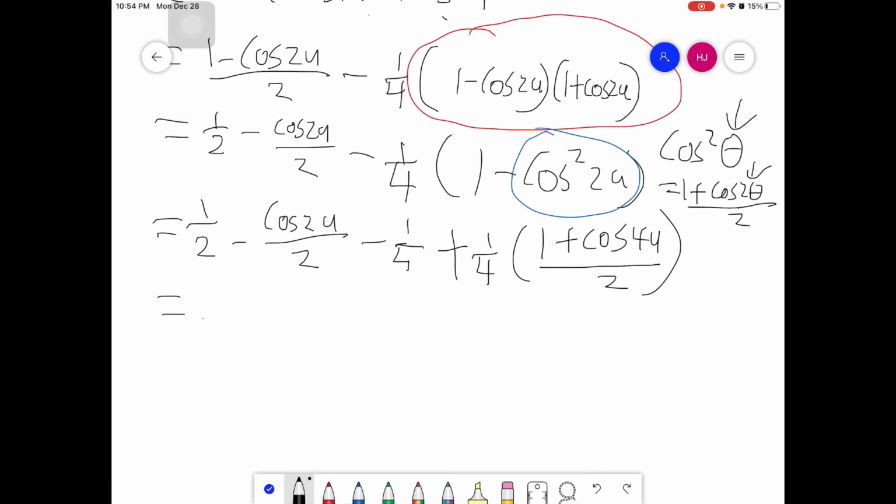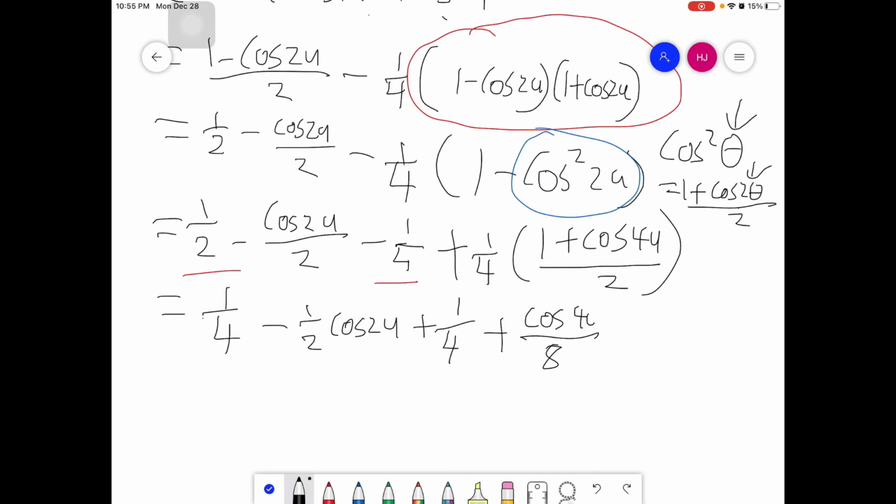And simplifying this more, we'll have 1/2 minus 1/4, 1/4 right here, minus 1/2 cosine 2u plus 1/4 plus 1/8 of cosine 4u. Wait, hold up.